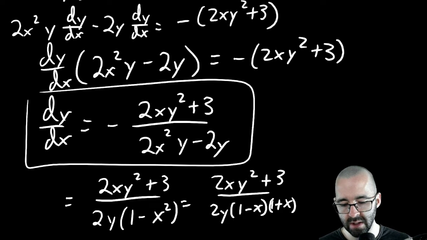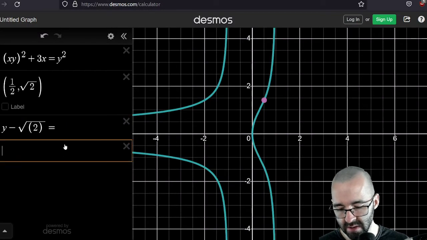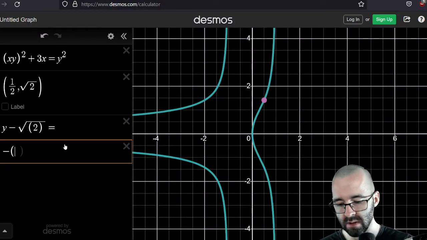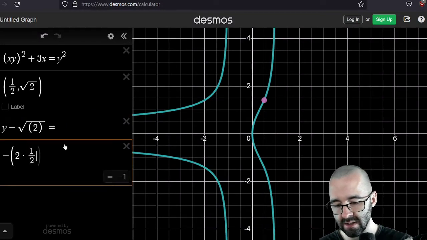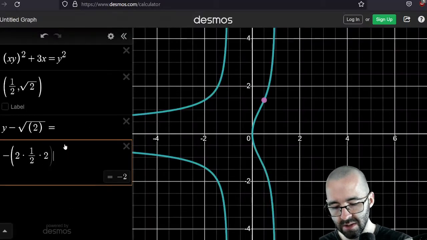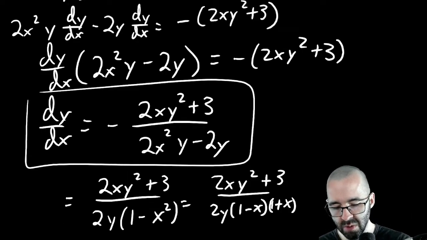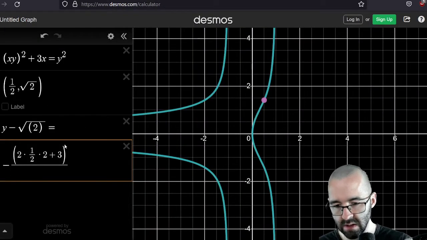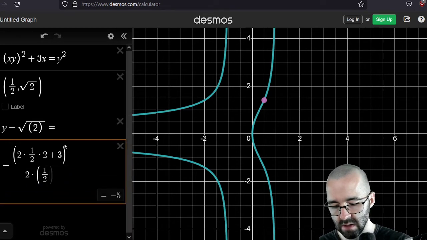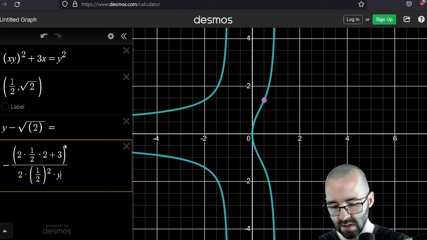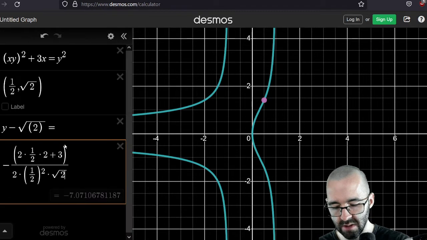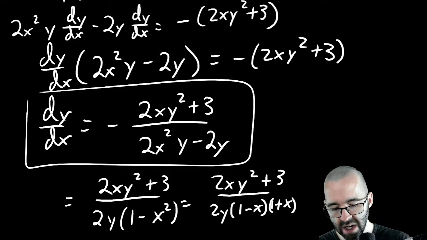The slope is negative (2x times y squared plus 3) divided by (2x squared times y minus 2y), and y is the square root of 2.